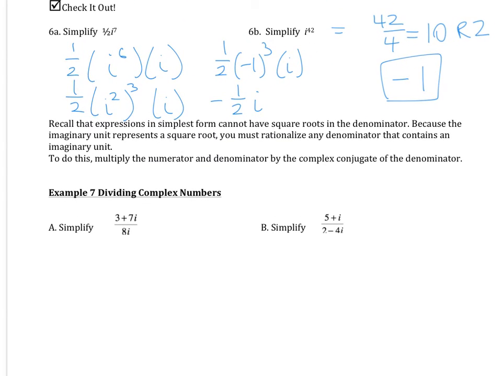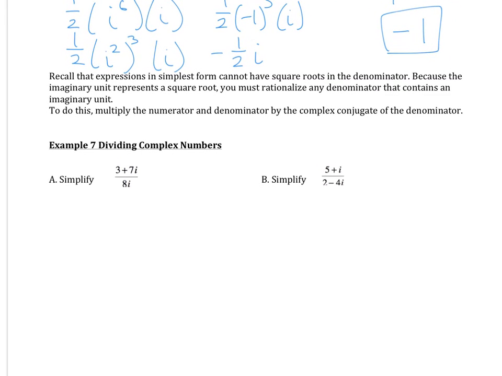Dividing complex numbers is almost like rationalizing the denominator. We need to make sure there's no complex numbers in the denominator. So you multiply by the conjugate. Recall that the conjugate of a plus bi is a minus bi.